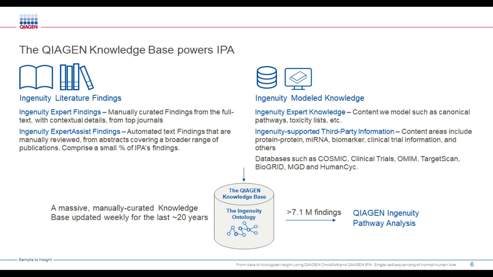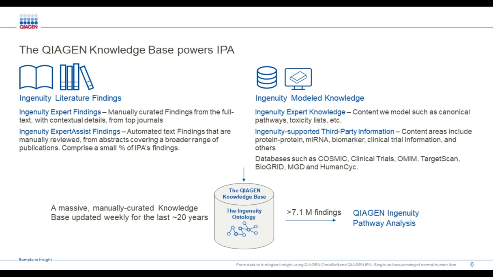The QIAGEN knowledge base indeed powers the IPA, Ingenuity Pathway Analysis. And we do that because we have accumulated literature findings over the last 20 years. All these findings, manually curated or using expert-assisted curation, we have structured in a knowledge base.